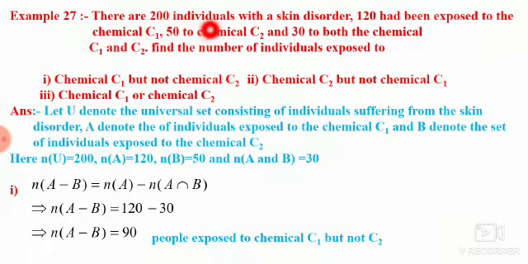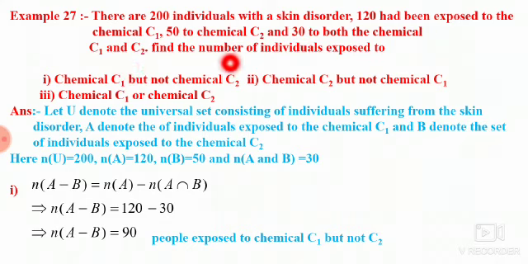There are 200 individuals with a skin disorder. 120 had been exposed to chemical C1, 50 to chemical C2, and 30 individuals have the skin disorder from both chemicals C1 and C2.